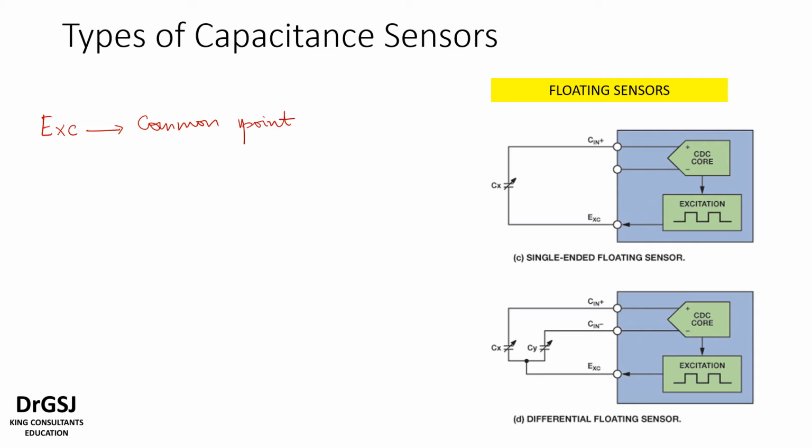Now, how do we understand what the excitation voltage is? So let this be the total full scale of voltage available, for example, 0 to V full scale.